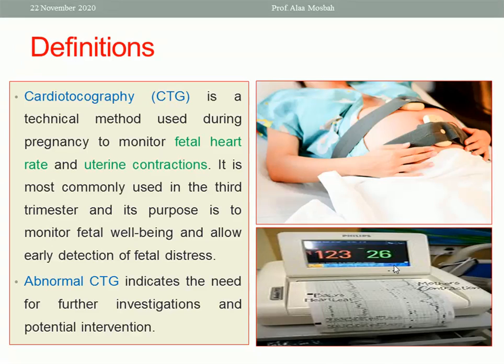An abnormal CTG indicates the need for further investigation and potential intervention. As you see in the picture, two transducers, one for uterine contraction and the other for fetal heart rate, are connected to a monitor, and the signals will be written on a strip of paper here.